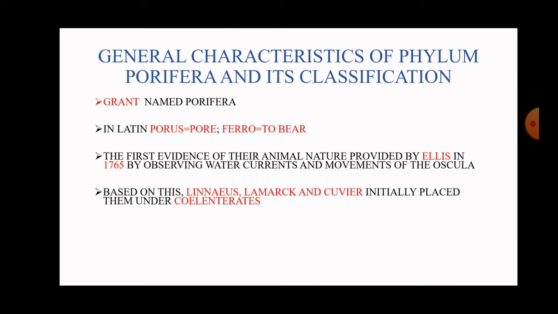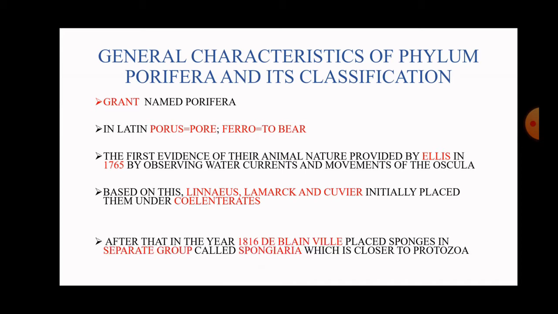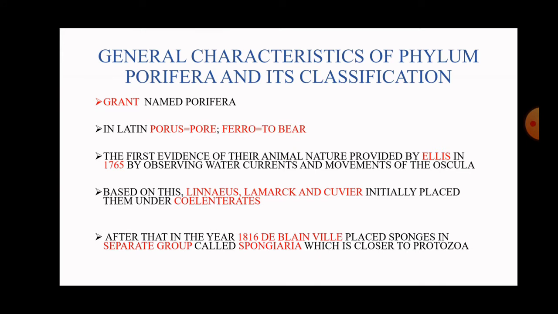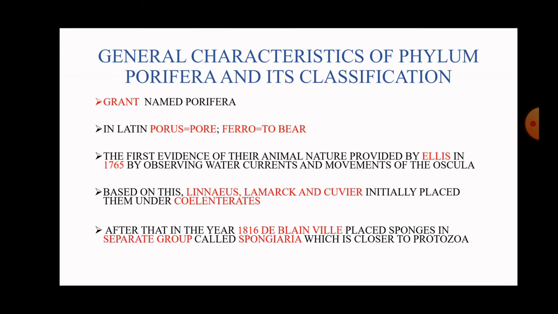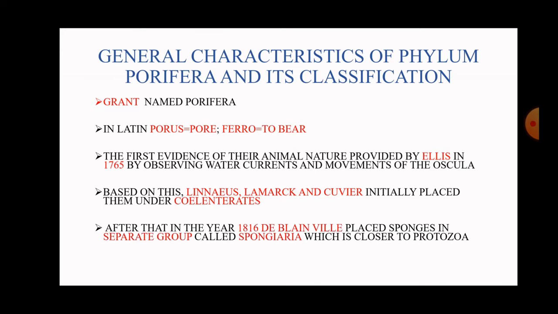Based on his observations, great biologists like Linnaeus, Lamarck, and Cuvier placed them under the Coelenterata group. After that, in the year 1816, De Blainville created a separate group for the sponges, and he called that group Spongiaria. This group is very close to Protozoa.